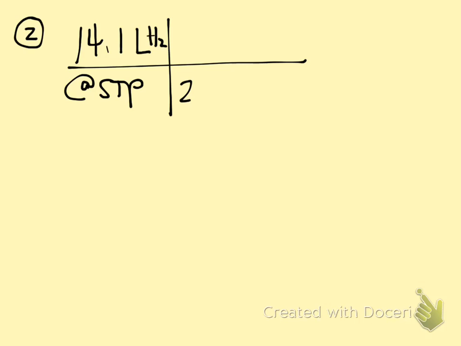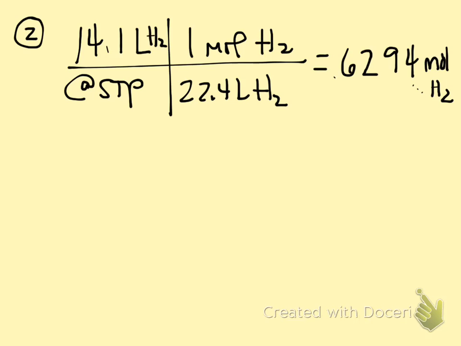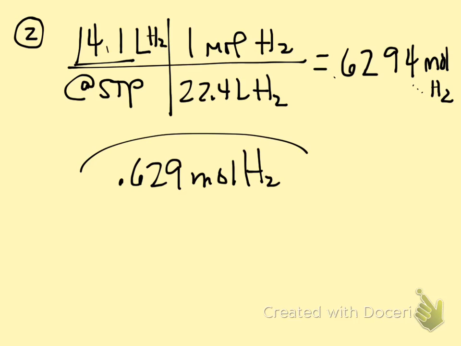And I know that at STP, 22.4 liters of hydrogen is equal to 1 mole of hydrogen. So who's got a raw number for me? Okay, so we get 0.62944, etc. Moles of hydrogen, we have 3 sig figs, so this becomes 0.629 moles of H2. This is a pretty awesome conversion factor.